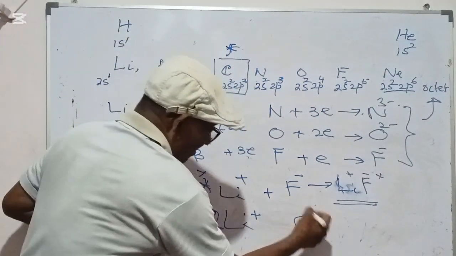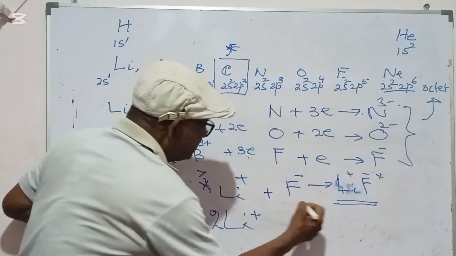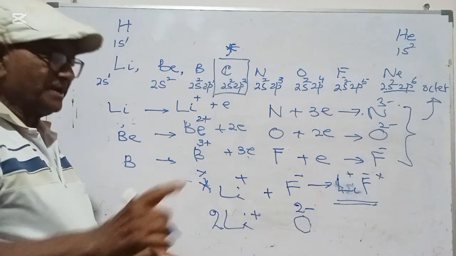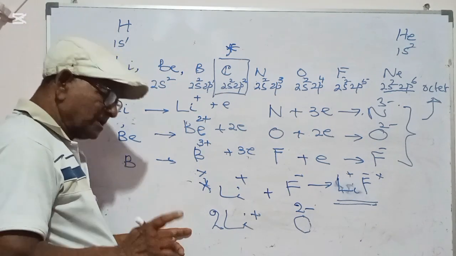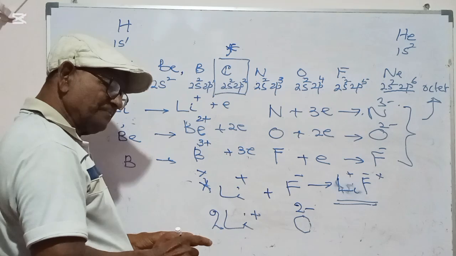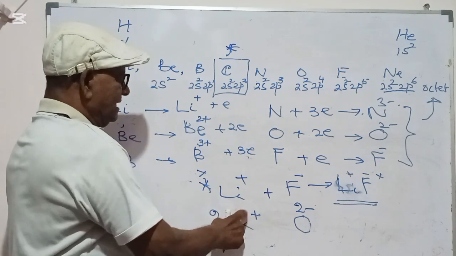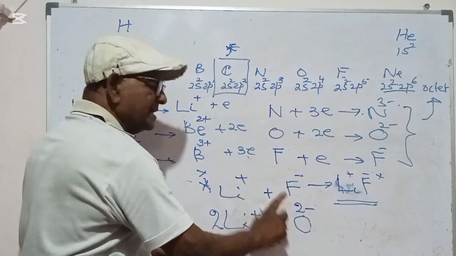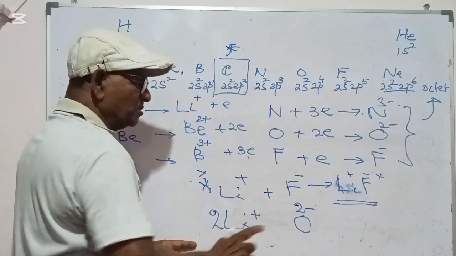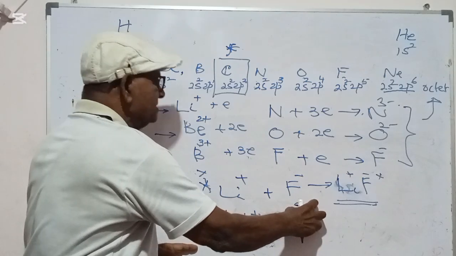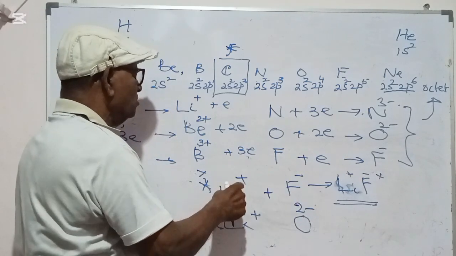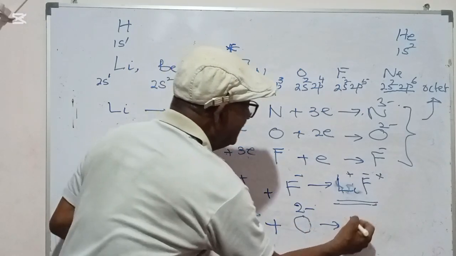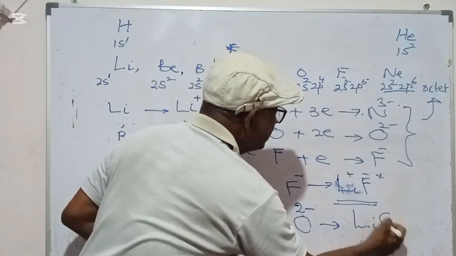So O gains these two electrons, forming O 2 minus. So for the combination of lithium and oxygen, it needs two Li plus ions and one O 2 minus ion. Because it needs 2 electrons, 2 lithium atoms remove 2 electrons. Then they combine to give lithium oxide.